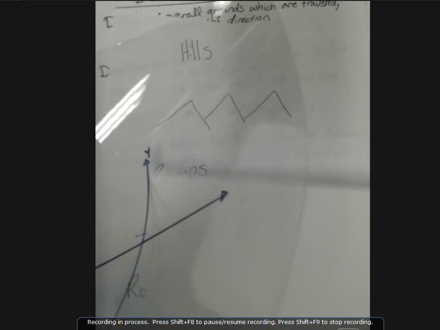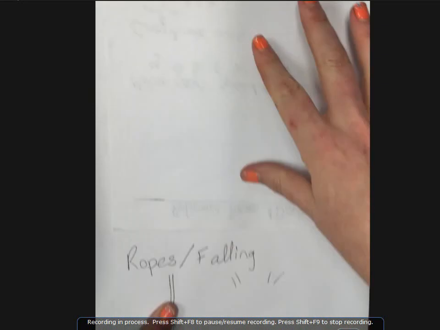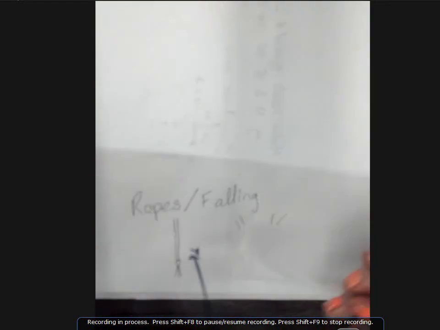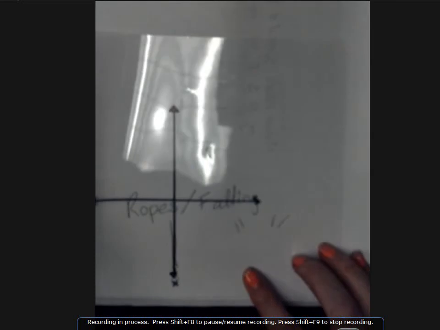And you can give any position by the x or the y coordinate, which means that you could also consider objects that are falling or moving up and down on a rope. In this situation, we could say, here's our x-axis, just like this, going up and down the rope.